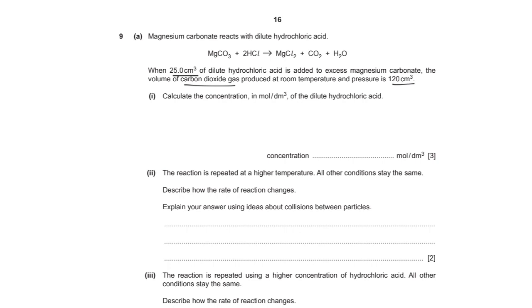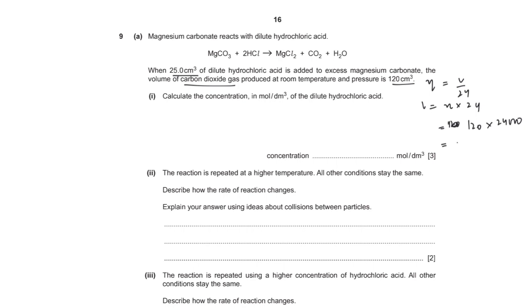You cannot do anything with HCl, but you can do something with the volume of carbon dioxide, because moles is equal to volume over 24. So volume will be equal to moles multiplied by 24. The volume is 120 cm cubed, mind you, and 24 is in dm cubed, so you will have to align the units. You will have to multiply this 24 by 1000. It will be 24,000, to convert 24 dm cubed to cm cubed. So the answer would be 5 into 10 to the power.